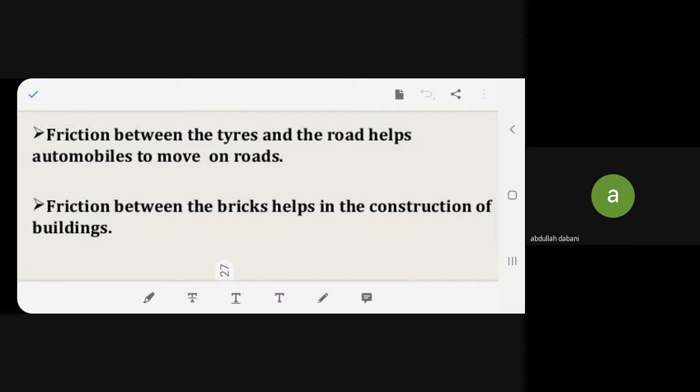So there's friction, and hence the vehicle moves, right? Also, the houses that are made of bricks, when you lay bricks on bricks, it is helping in making the building. That is also due to friction.